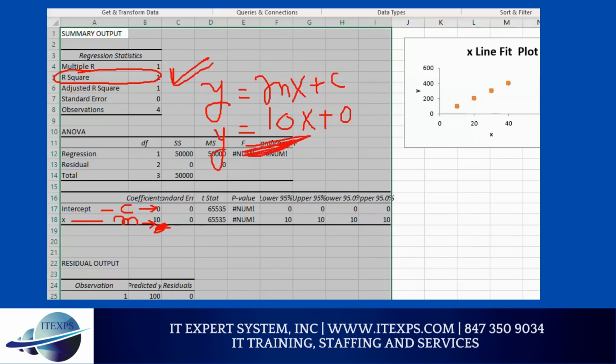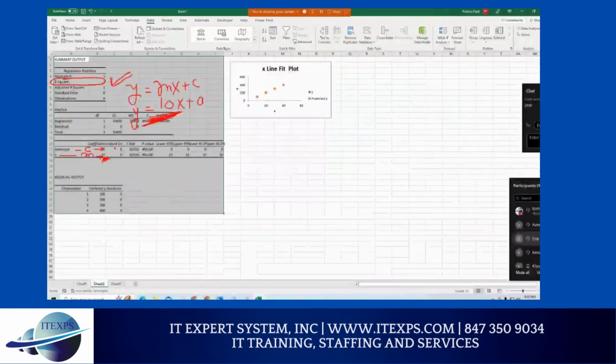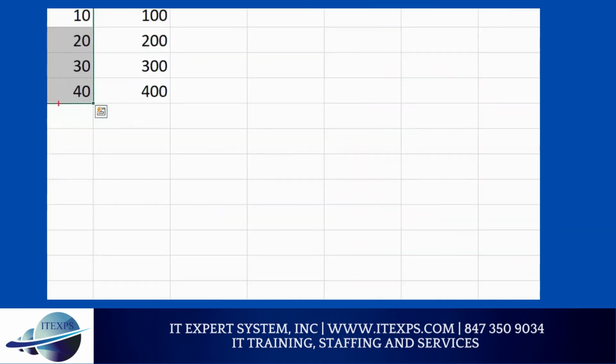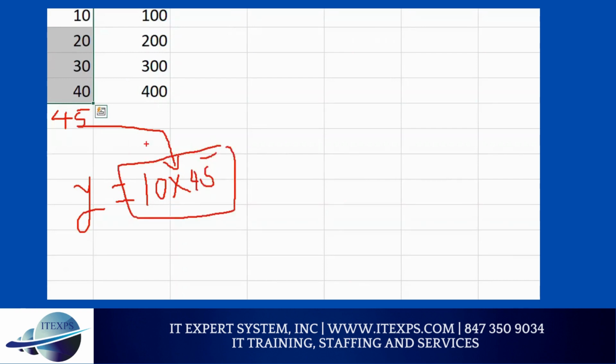So if that is the formula, and somebody gives me 45, I know Y equal to 10x, but X is 45. So if X is 45, then I will multiply that and I can get 450. Make sense? Because it's a perfect relationship, I can confidently predict.